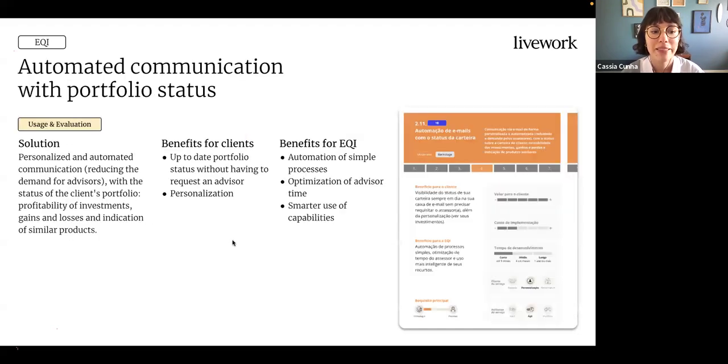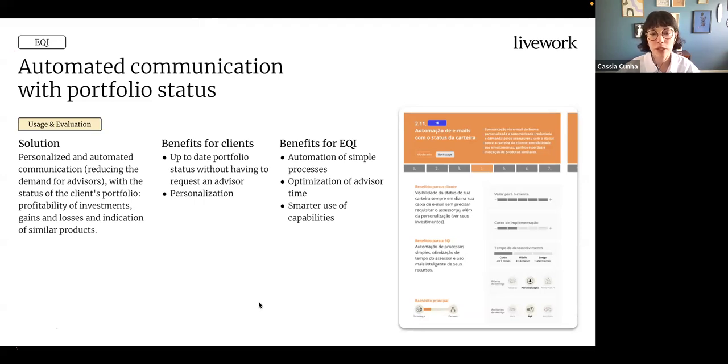Moving forward. Thank you. So just to give you a bit of a context on each of the solutions, this automated communication was basically what we wanted is that AKE was going to be able to deliver to their customers a status of their portfolio, indicating if there were losses, if there were gains, and also guiding them to different solutions, different investments, right?